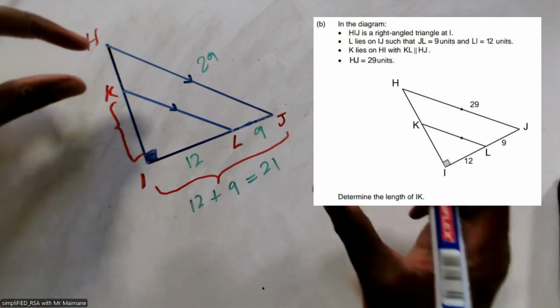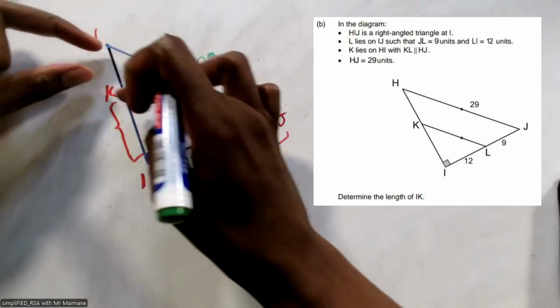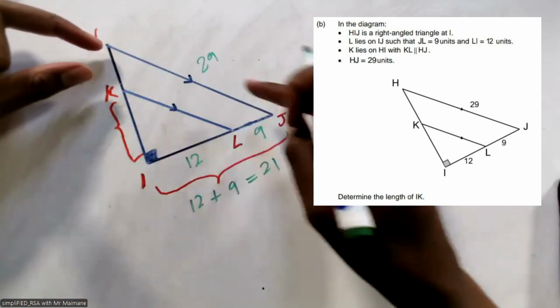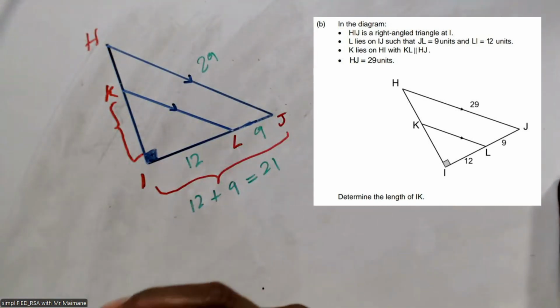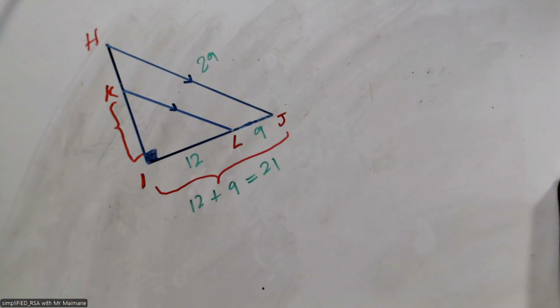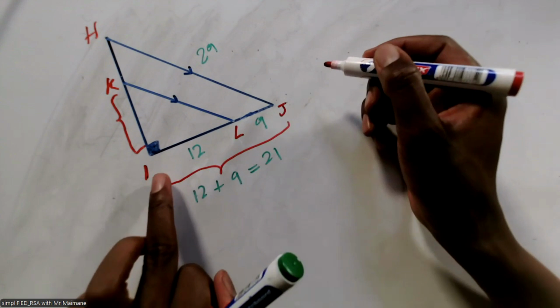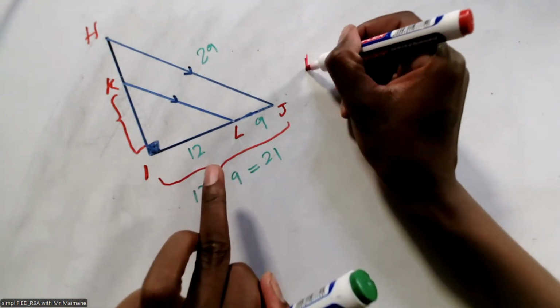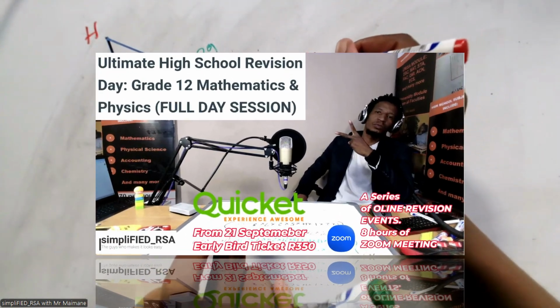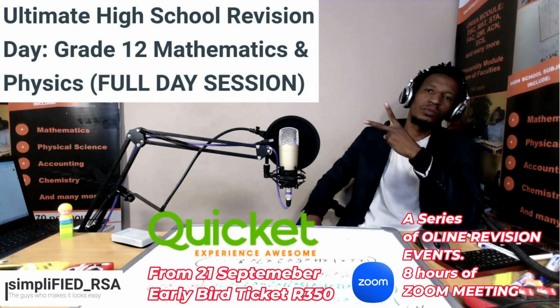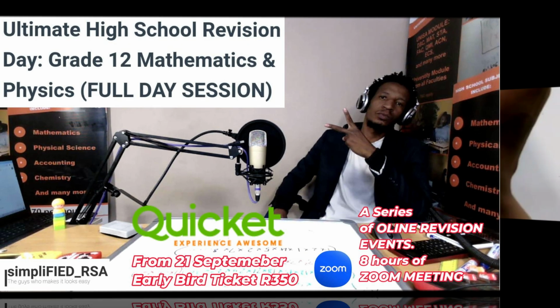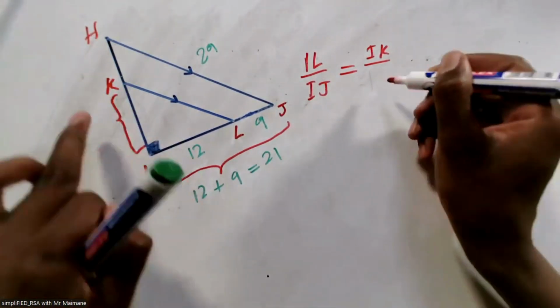However, if there are parallel lines here, we know that there's proportionality involved. So if there's proportionality involved, I know that IL over IJ is the same as IK over IH.